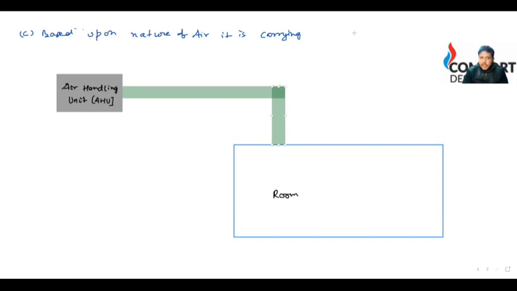Okay, so this is your air handling unit, this is your AHU, and this is your room. And here, with the help of this one, it is your diffuser. Okay, and now let's move ahead and see here.